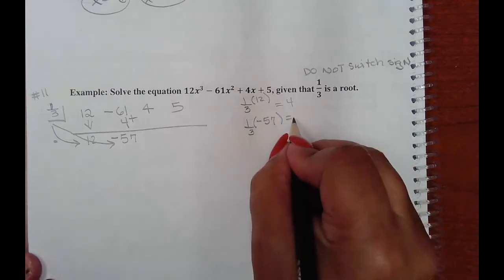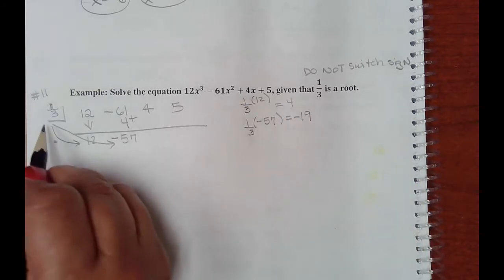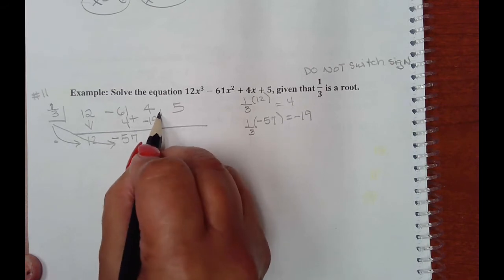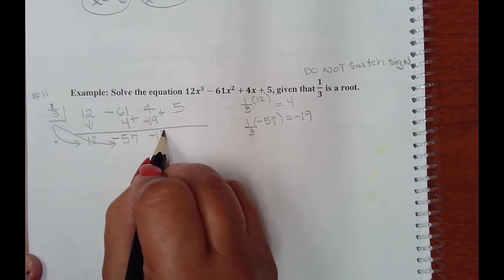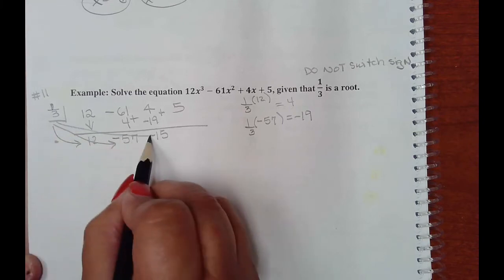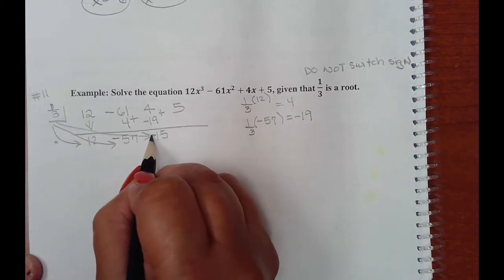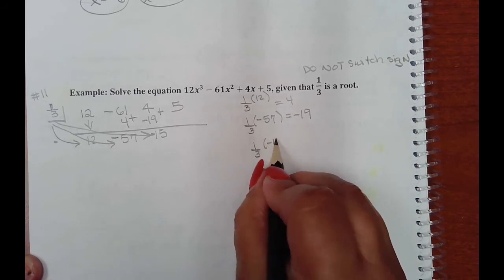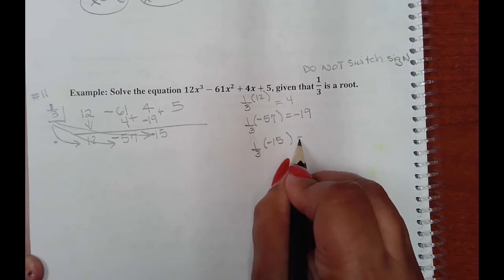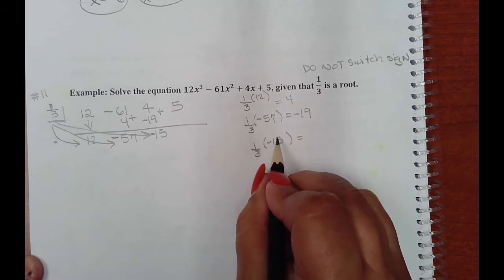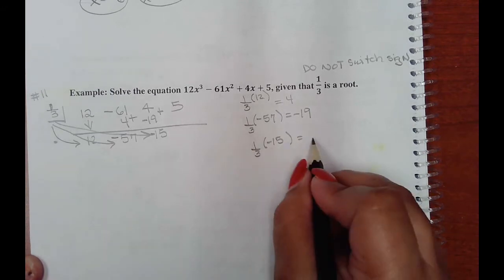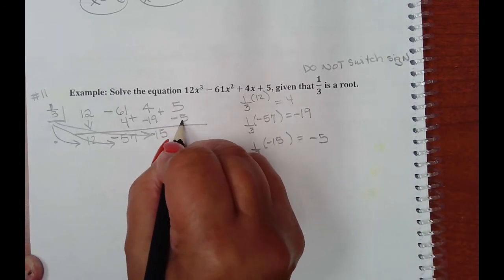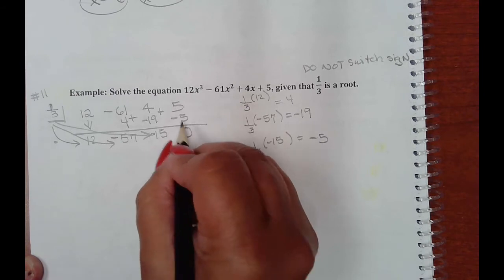Yep, -19. When we multiply this times this, -19, toss it right up here, add these two together, you get -15. Now we're doing 1/3 times -15. So 1/3 times -15 is just 1 times -15, -15 at the top, divided by 3, -5. So put that right here, add these up, and you get zero.